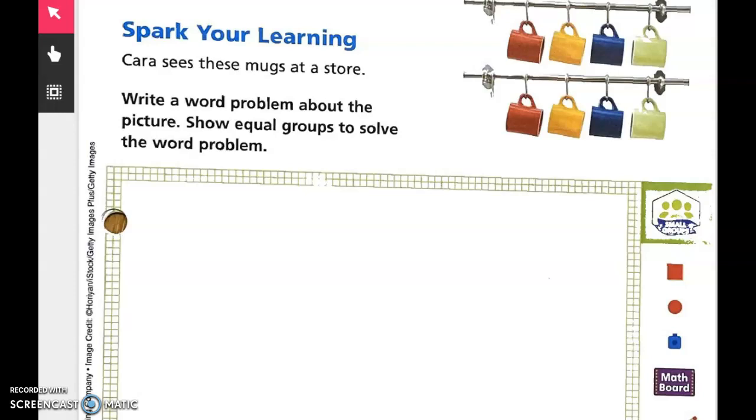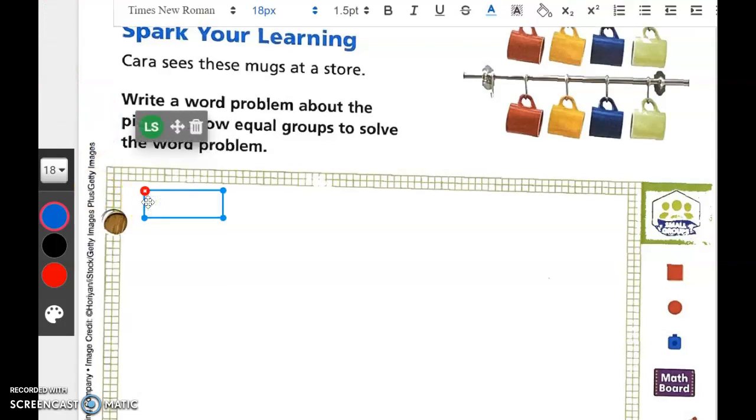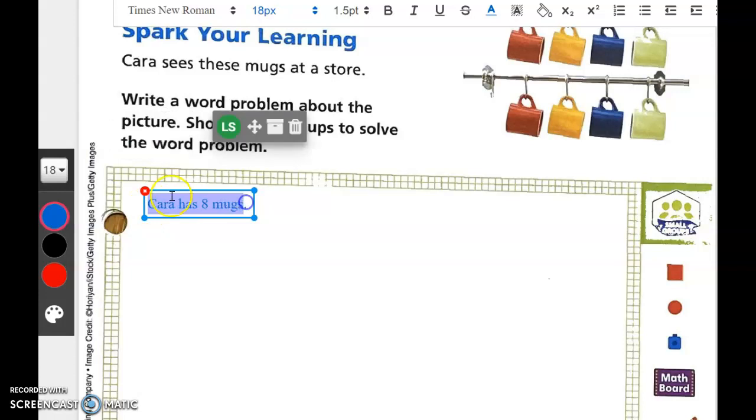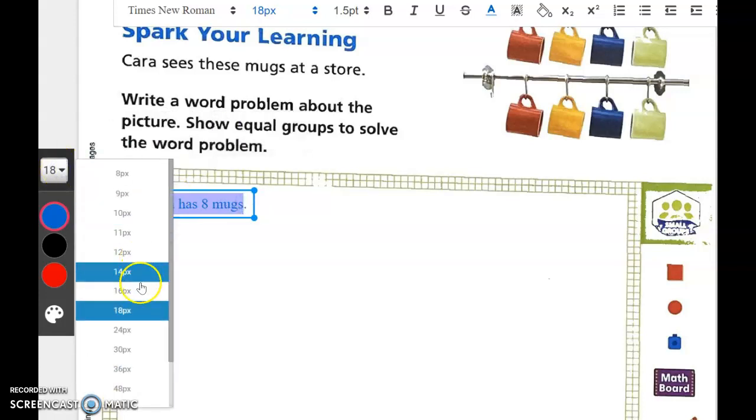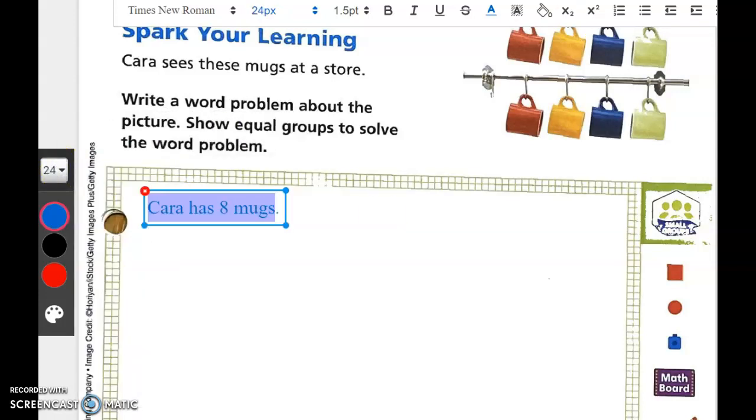So we're going to just start out with Kara has 8 mugs. Okay, so Kara has 8 mugs. She's got to divide them into equal groups.